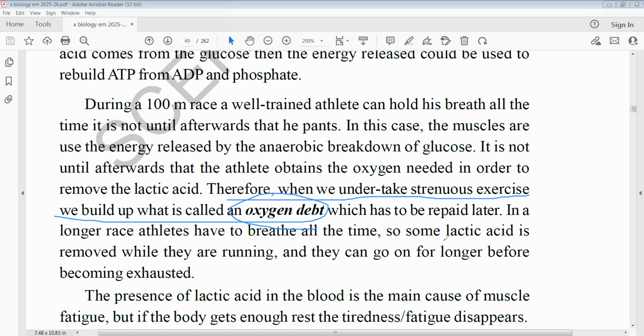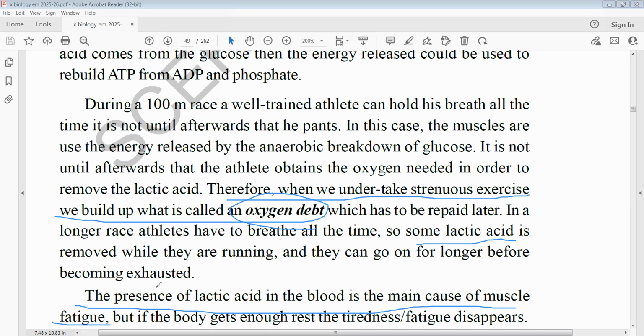Due to lack of oxygen, the glucose is converted into lactic acid, and then this lactic acid is slowly converted into carbon dioxide, energy, and water when the oxygen is present. The presence of lactic acid in the blood is the main cause of muscle fatigue.